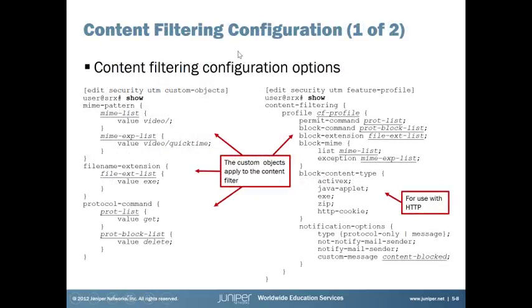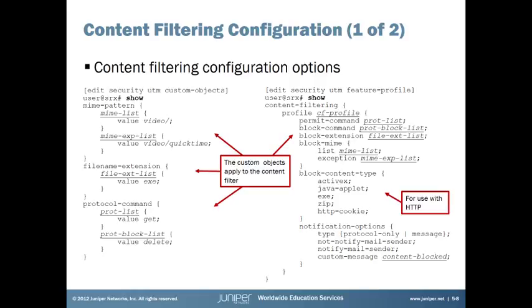So how do we set this up? It's under Edit Security UTM Custom Objects. So we can set up MIME lists, so we can say video, we can say lots of other things as well. Notice that we've got a list which is video. Underneath that we've got value video quicktime, so we've got some more explicit definition on that.